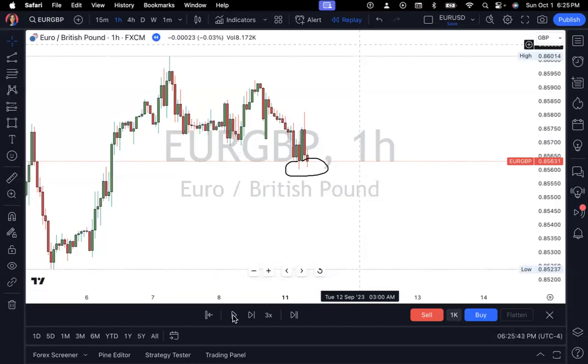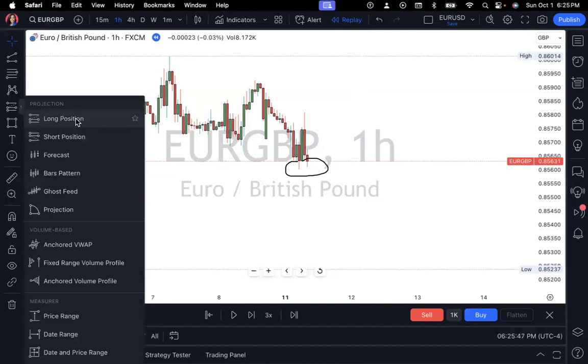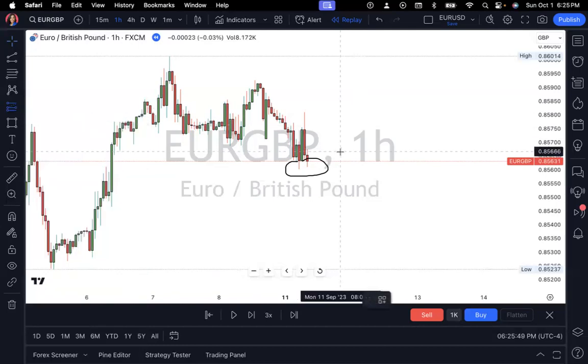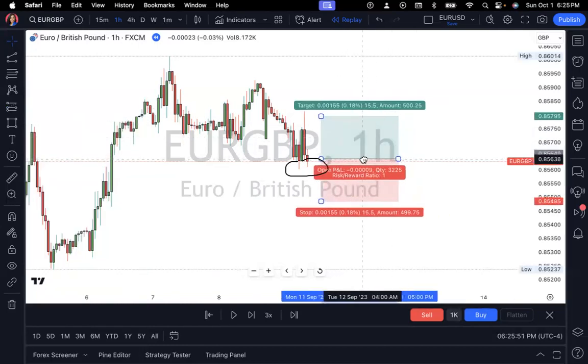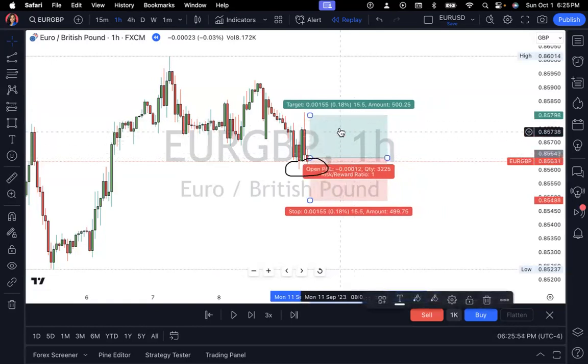So I'm going to go ahead and play this out, and I'm going to use my long position tool, just to demonstrate the example. The long position tool basically says that this is accounting for our buy analysis. It's helping us set our TP and our stop loss.